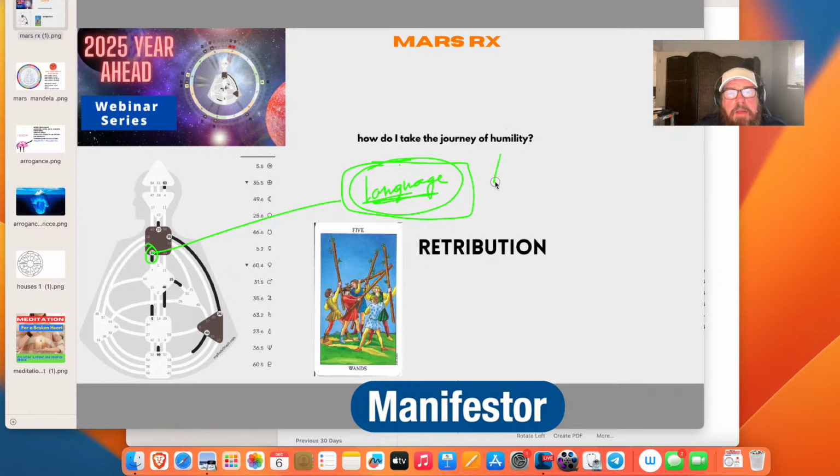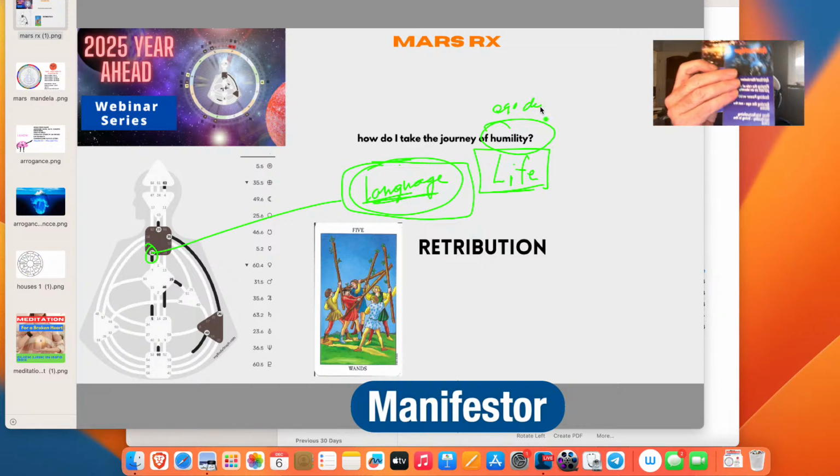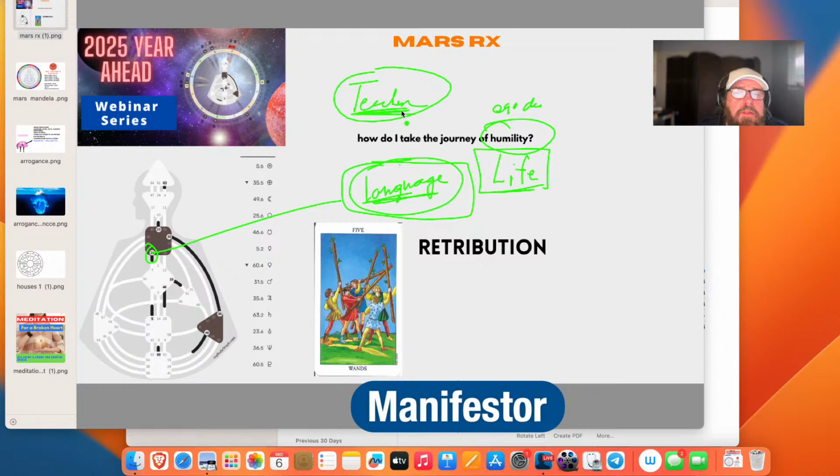So the great thing about life, right? The great thing about life, especially now, is that you will get a humbling, like an ego death, if you stay in this too long, especially if you're a teacher, a manifestor teacher, right? Because power is self-policing. There's no room now for these false teachers.